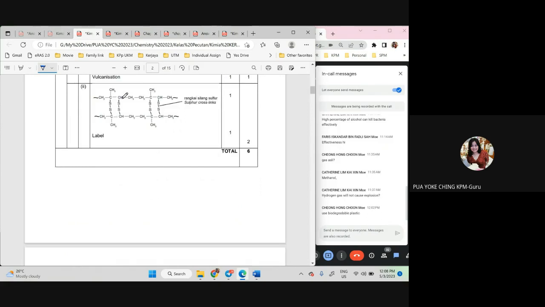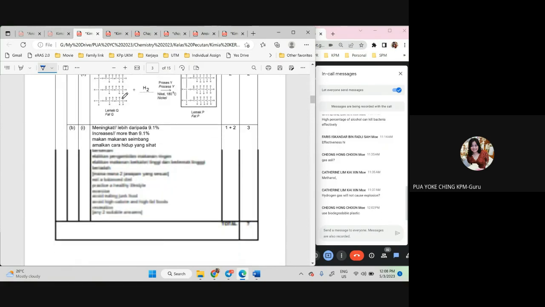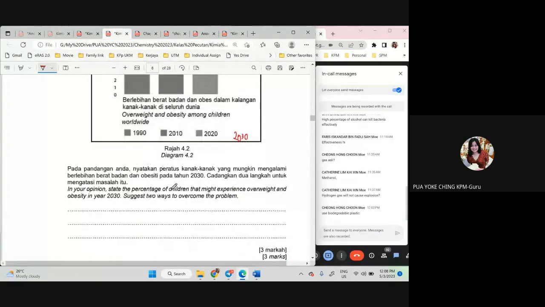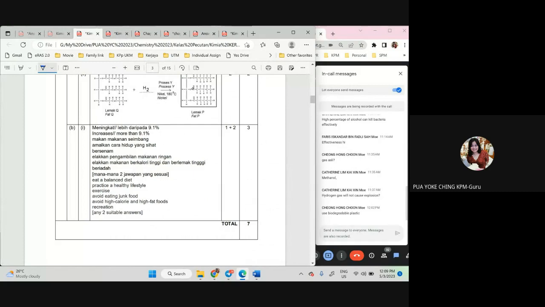So kalau you tengok jawapan dia, it will be very lenient. Lebih daripada 9.1%. But, nyatakan peratus, right? This is the answer scheme for teacher to mark.